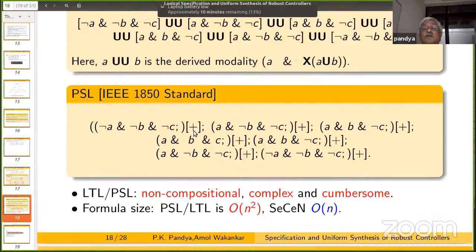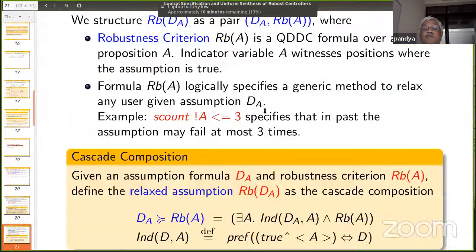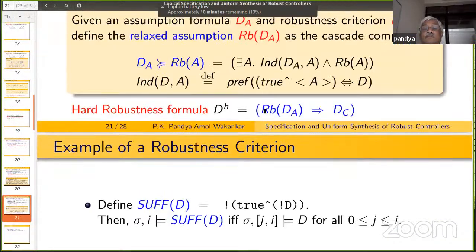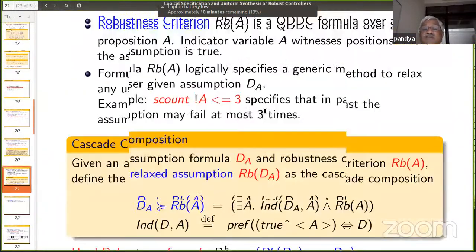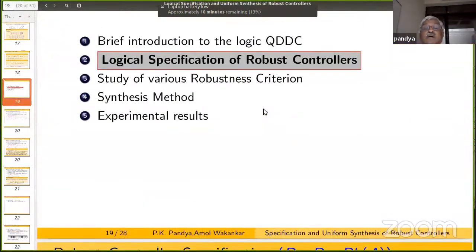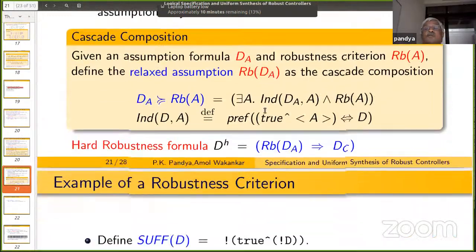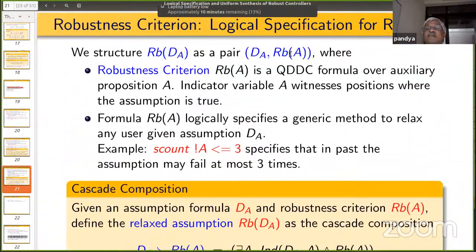Similarly, we showed that this composition of RBA and DA, we could define by means of a formula. Where was that slide? Oh dear. Okay, this one. So you give me an arbitrary robustness criterion A, like A should fail at most K times in the last B cycles, and you give me an arbitrary assumption formula or an assumption automaton.